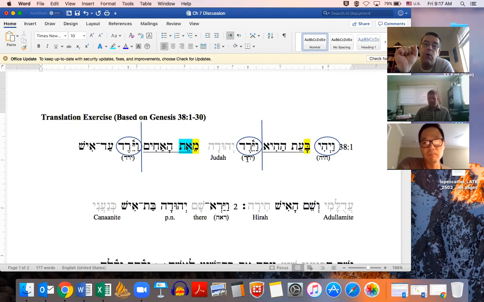So when you hit the words in the sentence, you can actually build the story and take in the information in the order that it comes by taking the cues that come from the information on the page and putting it in the picture where it goes. So when I hit the verb, vayered, I know that it's masculine. I know it's past tense.